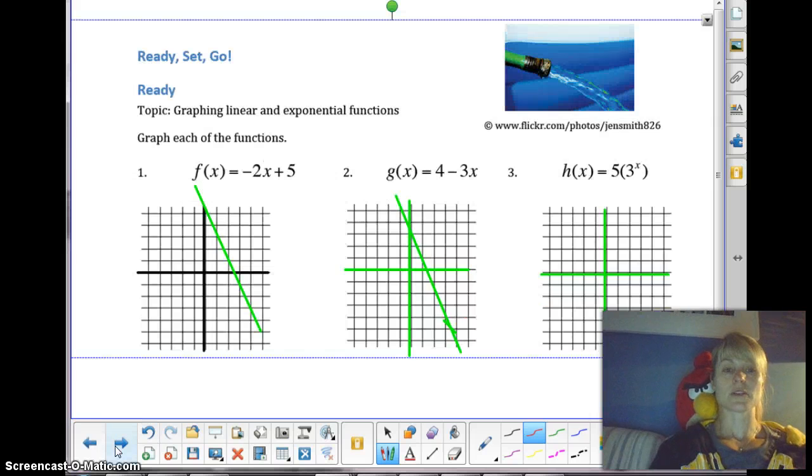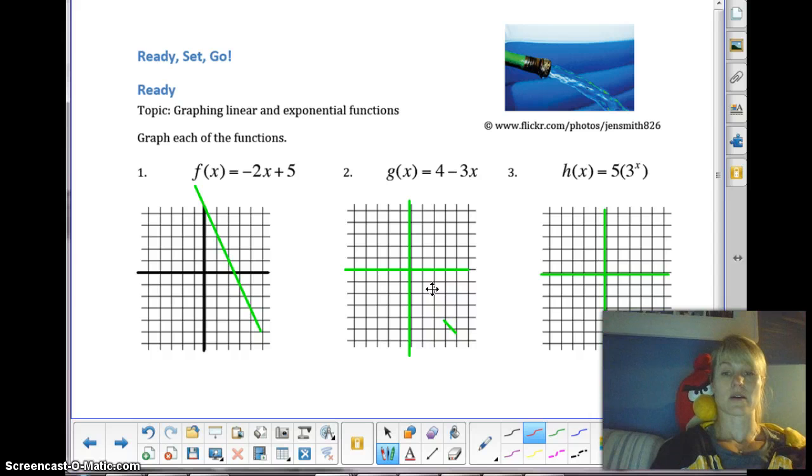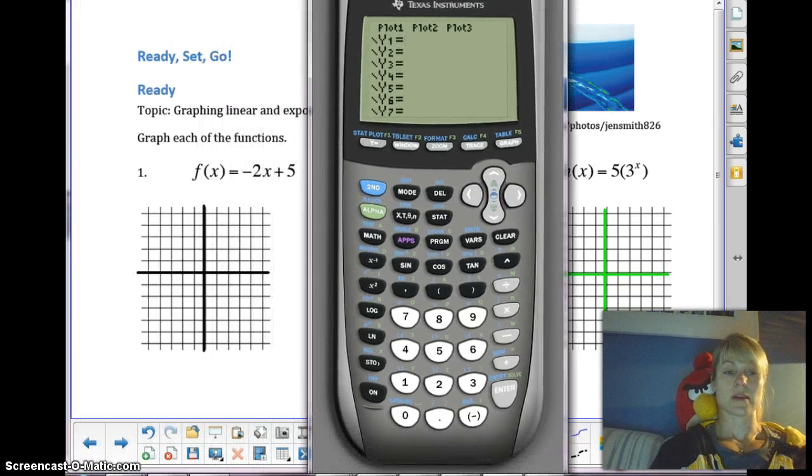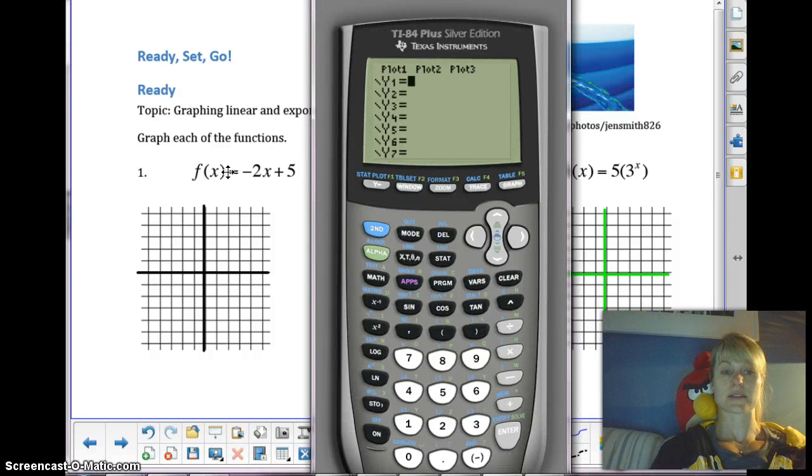Okay, so we're going to do a little bit more with the calculators today. Looking at this, it says graph linear and exponential functions, and hopefully you notice that 1 and 2 are linear, 4 would be your exponential because of the x. So we're going to take our calculator and go to our y equals, and remember f of x is the same thing as the y, and here's my y, and we're going to put in -2x plus 5.